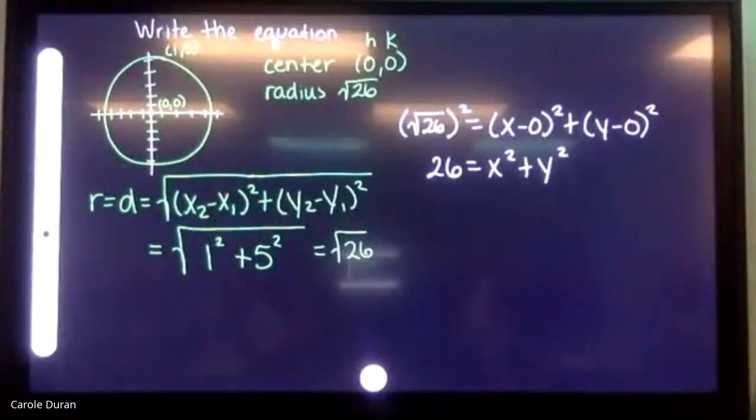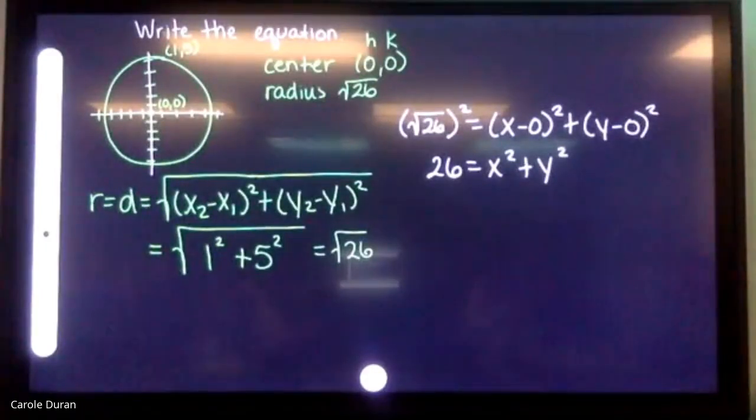Show of hands, who else got the equation 26 equals x squared plus y squared? You also could have left it as x minus 0 squared plus y minus 0 squared. That is entirely fine as well. I just find the minus 0 is redundant and unnecessary, but it's your choice.